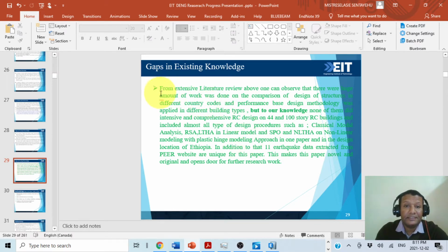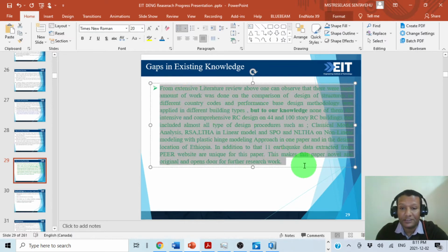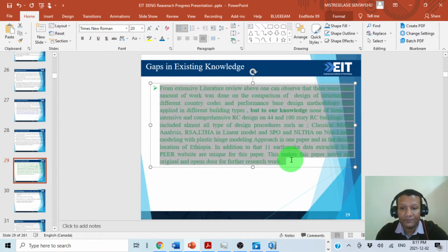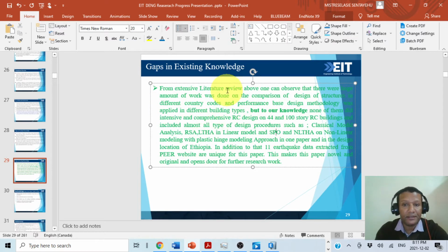Then this is the gap in the literature. There are thousands, 10,000, 100,000 works done in the PBD and others, but none of them was comparing and using 44 and 100 story buildings, including all the analysis types, with the location in Ethiopia, and adopting the extracted earthquake data, 11 data that are unique from the PEER website.